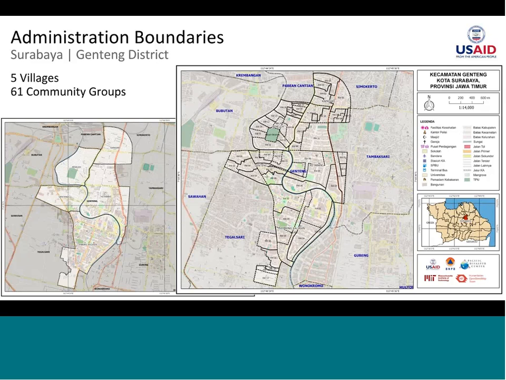So this is just an example of the administration boundaries that we were mapping. We were working in Surabaya, which is the second largest city in Indonesia, and now we're also working in Jakarta, the capital.